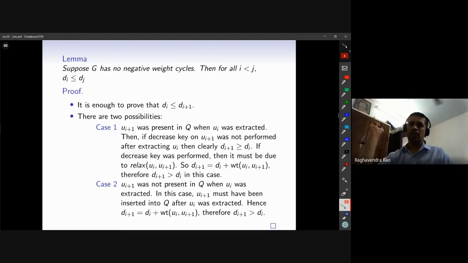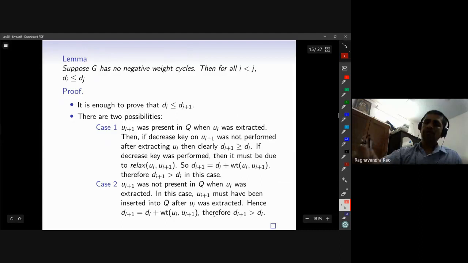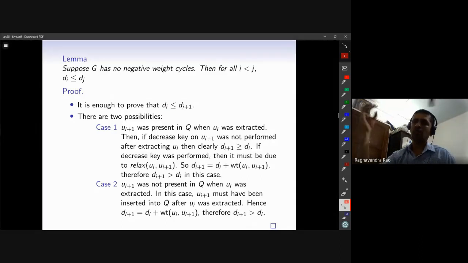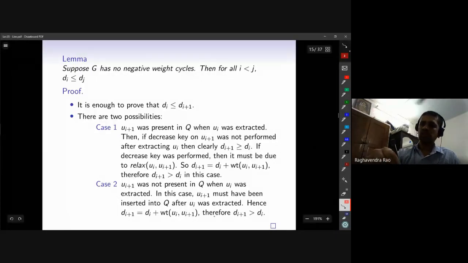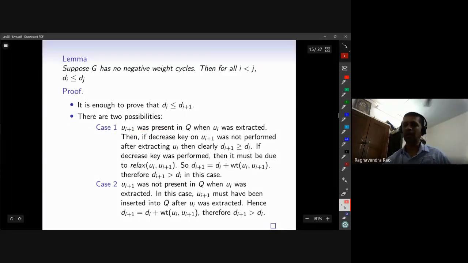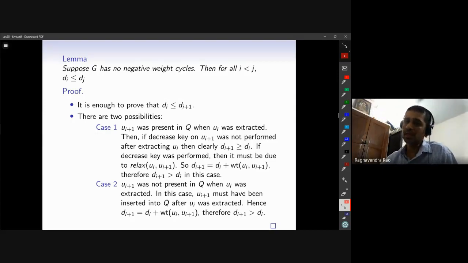For arguing this, there are two possibilities, based on whether the edge ui to ui plus 1 was present or not. Instead, I'll do it the way the algorithm is working. Either ui plus 1 was in the queue when ui was extracted, or it was not.